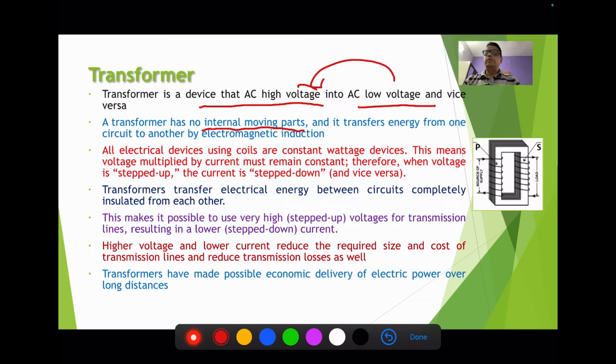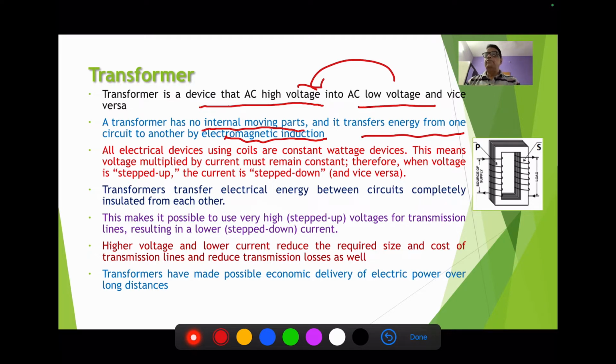It will transfer the energy from one circuit to another circuit, and while making the transfer of energy, it makes use of electromagnetic induction. So a transformer works on the principle of electromagnetic induction.